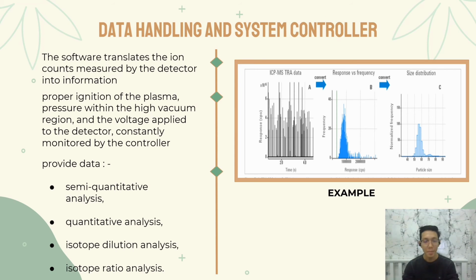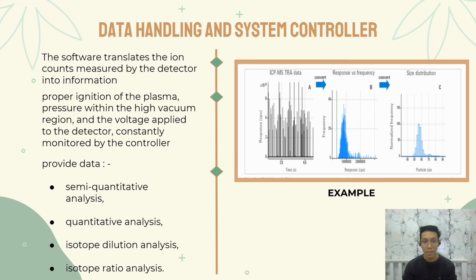Assalamualaikum and very good morning. My name is Harith Azim Ismail, and now I would like to talk about data handling and the system controller of ICP-MS. The software in ICP-MS translates the ion count measured by the detector into information. Proper ignition of the plasma, pressure within the high vacuum region, and the voltage applied to the detector are constantly monitored by the controller.